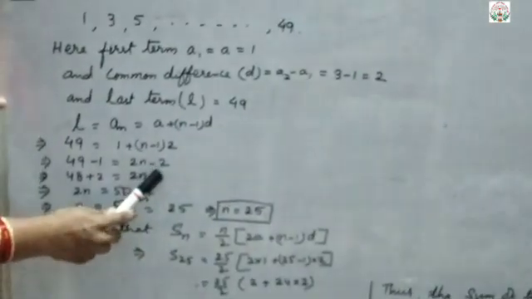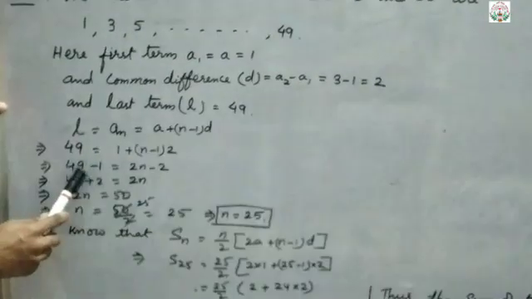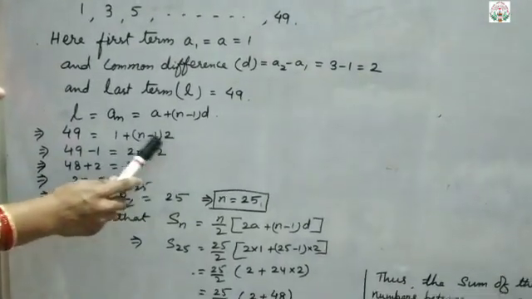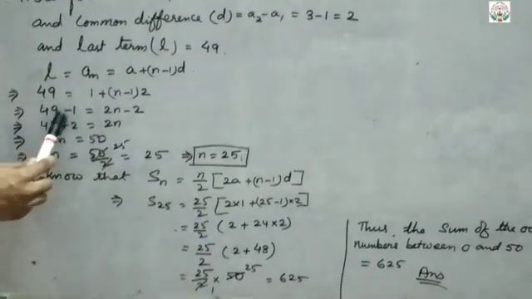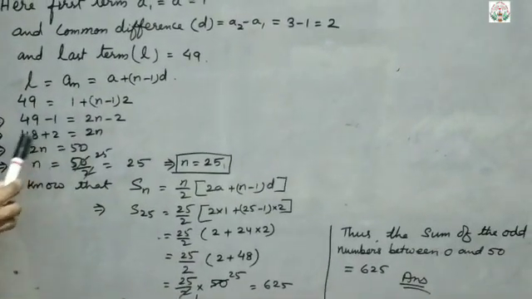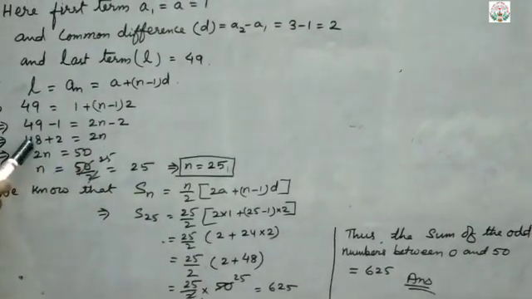So we put the values and transpose the 1 to this side. What do we get? 49 minus 1 equals 2 multiplied by N minus 1, which is 2N minus 2. So 49 minus 1 is 48, and now the minus 2 is transposed to the other side and becomes positive.